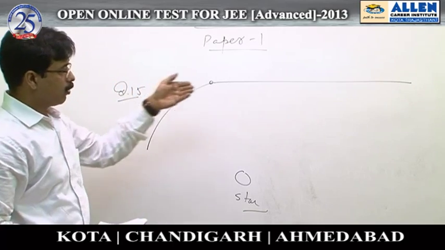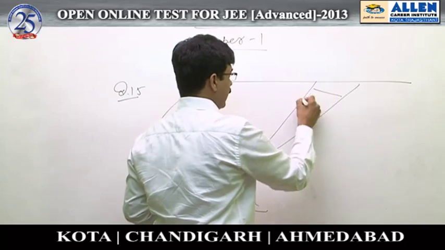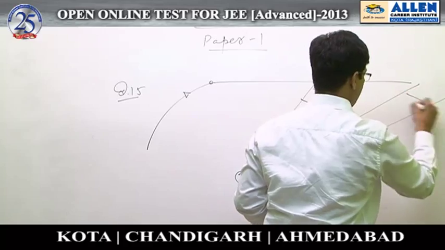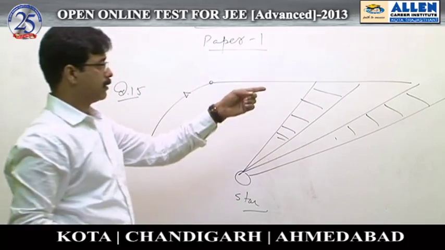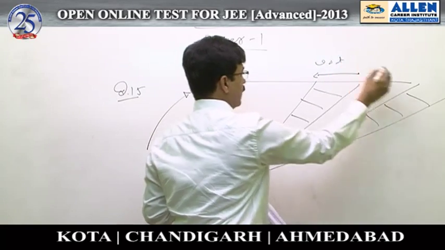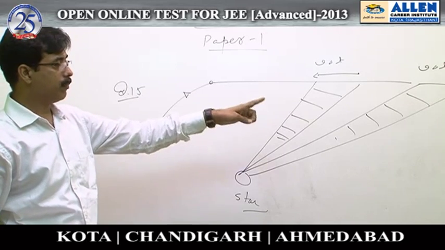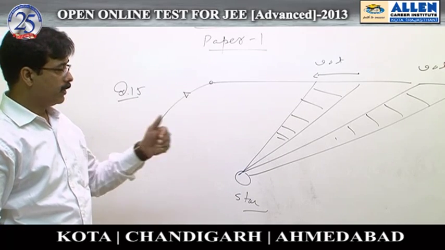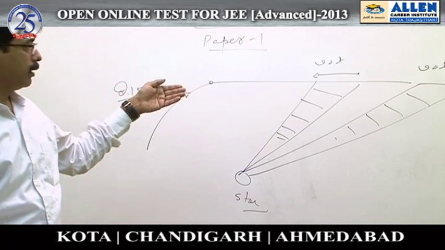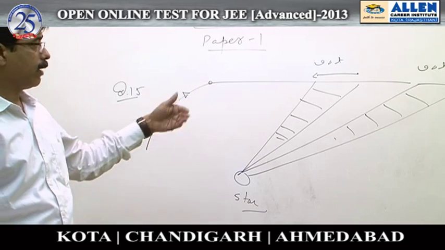Once it continues along a straight line, the area swept by the radius vector will be constant because all the triangles formed have the same base length and the same height. That means the areas swept are equal, which is actually Kepler's law: the radius vector sweeps equal areas in equal time intervals.